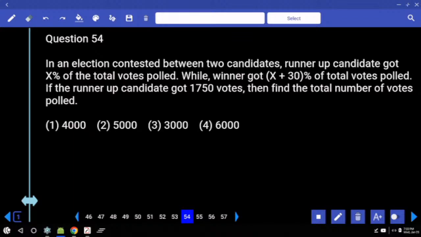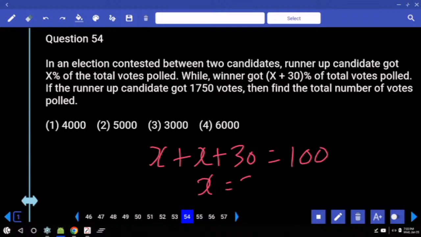Total number of votes is 100%. So x plus x plus 30 is equals to 100. Yes or no? So you get x equal to what? 35.